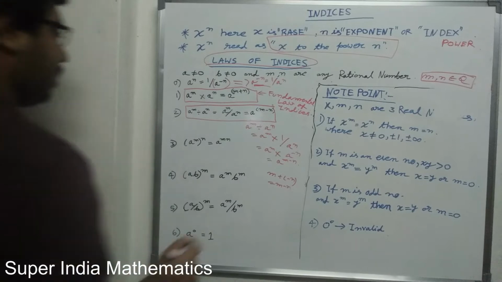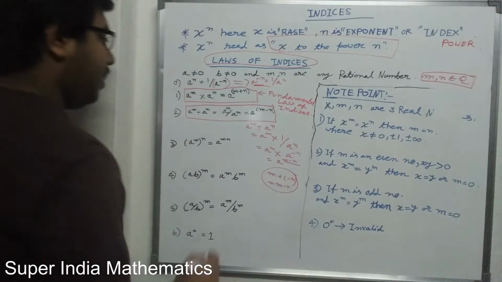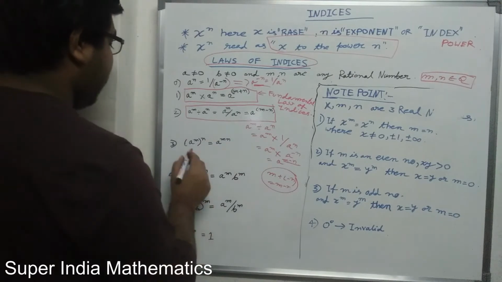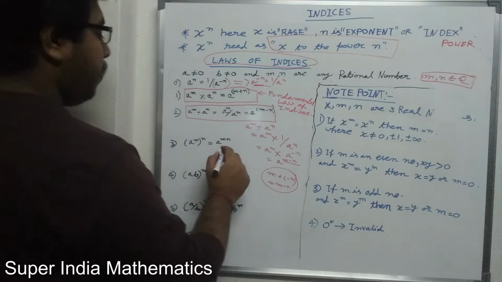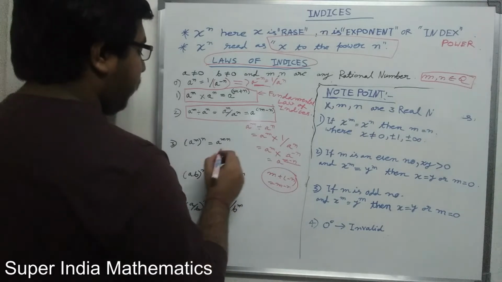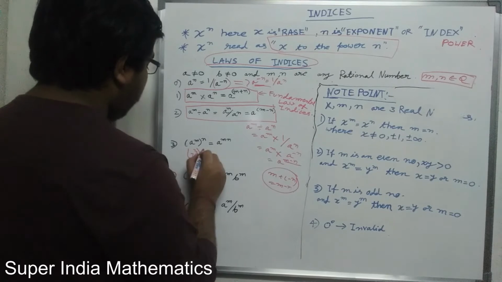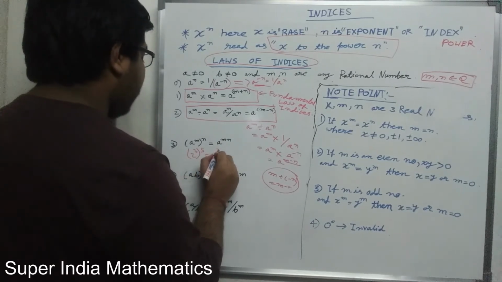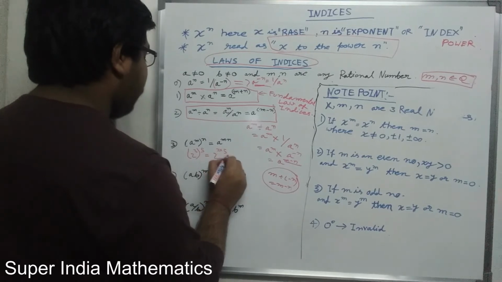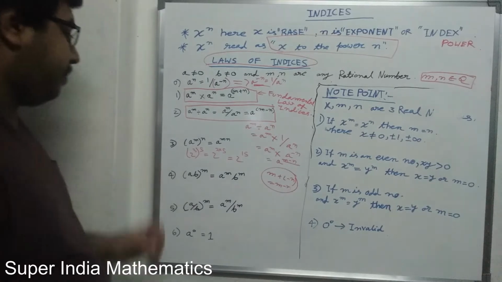So this is proved. The next law is a to the power m whole to the power n equals a to the power m into n. That means 2 to the power 3 whole to the power 5 equals 2 to the power 3 into 5 equals 2 to the power 15.